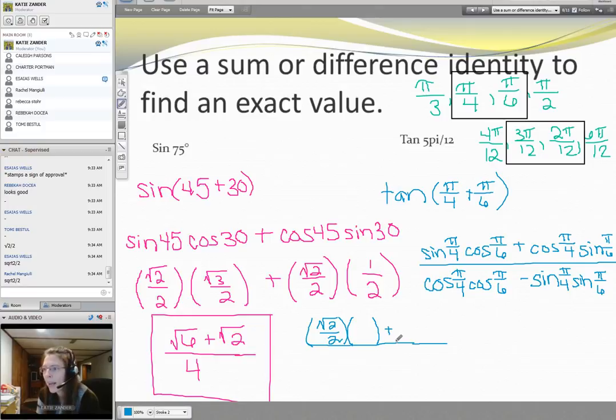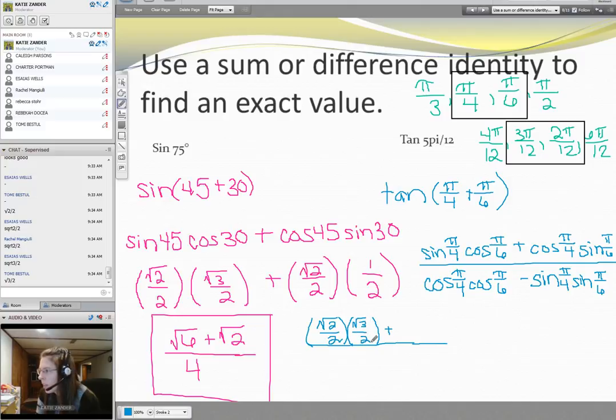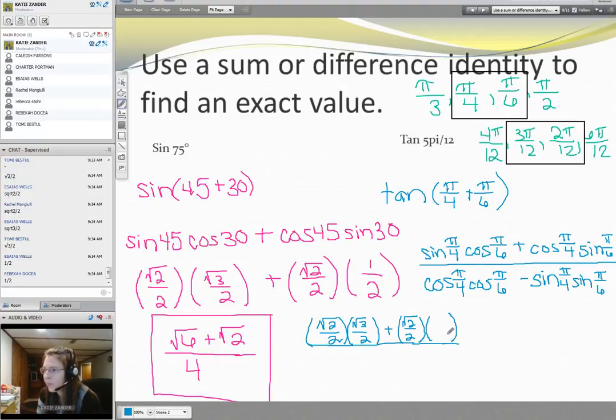Cosine of pi over 6, square root 3 over 2. Okay, good. Then cosine of pi over 4, that's our square root 2 over 2 again. What is sine of pi over 6? That's our 1/2. We'll come back and simplify that in a moment, but on to the denominator.